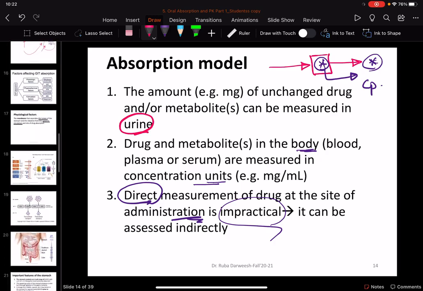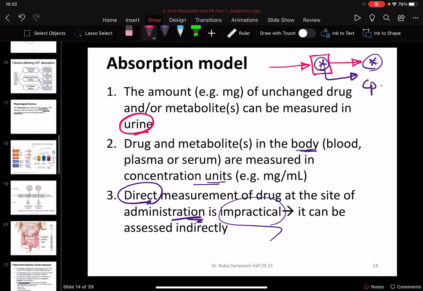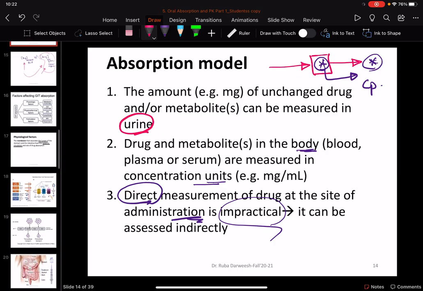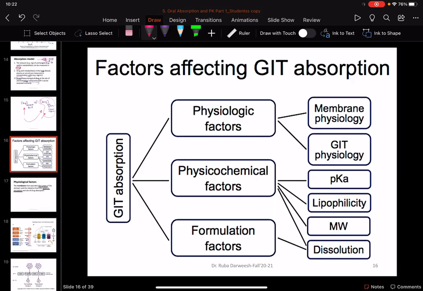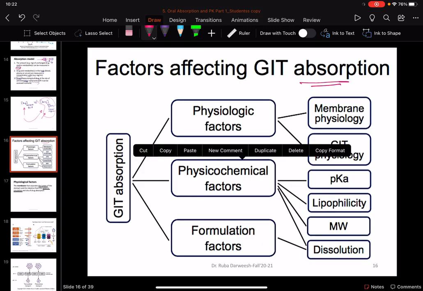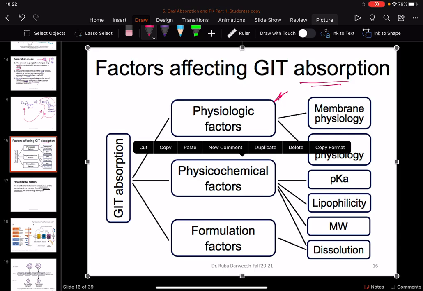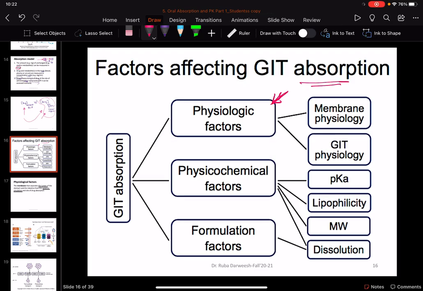We will talk a little bit about the factors that could affect absorption when we are talking about oral administration of the drug. It could be a physiological factor that is related to the site that we are talking about, such as the membrane physiology and the different GI physiology.